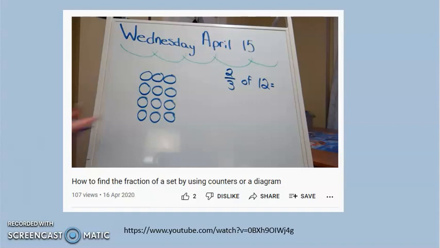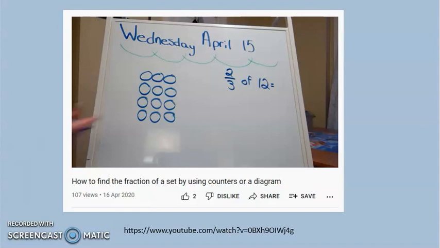So you can see in the picture there, she has divided her 12 counters, which she has drawn. She hasn't got them in her hands like we did yesterday. She's drawn them, and you're going to draw your counters today as well. And she divides them into 3 columns because the denominator is 3. And then she will show you in the video how she figures out 2/3 of 12.